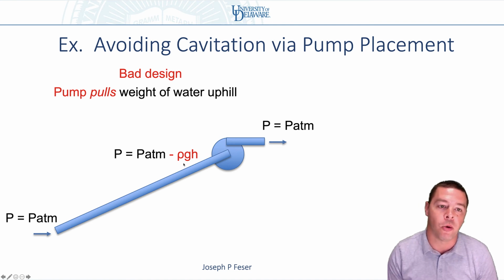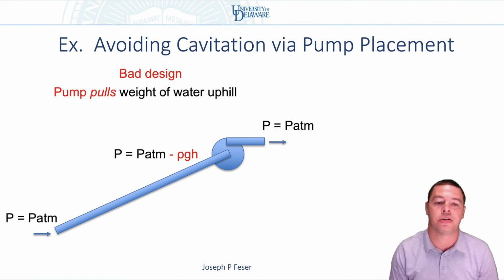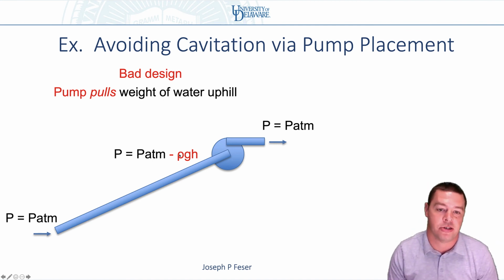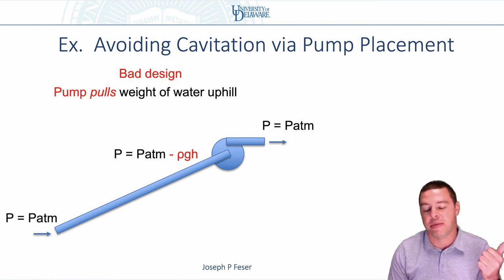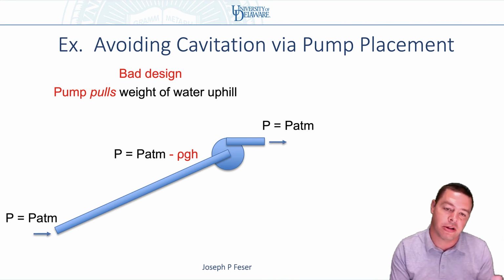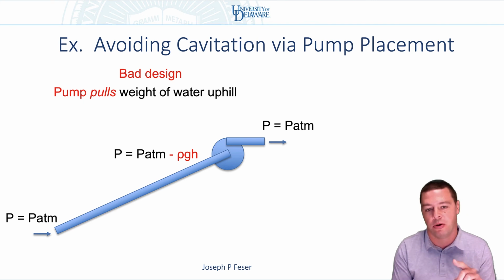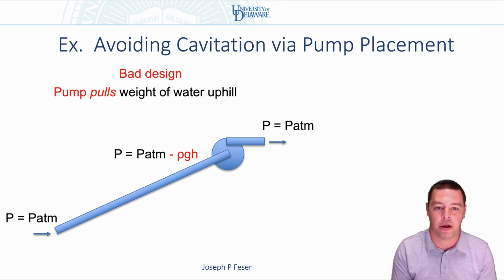Pulling water uphill is a really bad idea, because if you pull it up a large enough hill, this rho g h term, the decrease in pressure across the pump, will be large enough to create cavitation inside your pump. Cavitation makes your pump noisy and full of vapor, and those vapor bubbles will eventually collapse downstream, destroying both your turbine blades, plus probably causing corrosion inside your pipes.